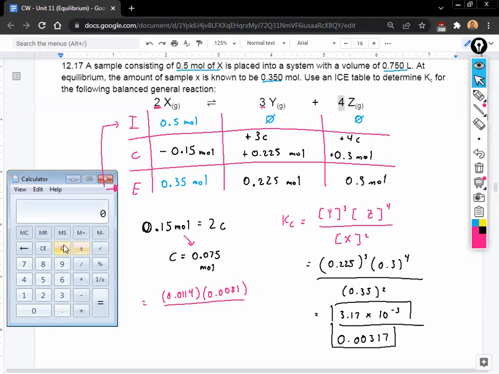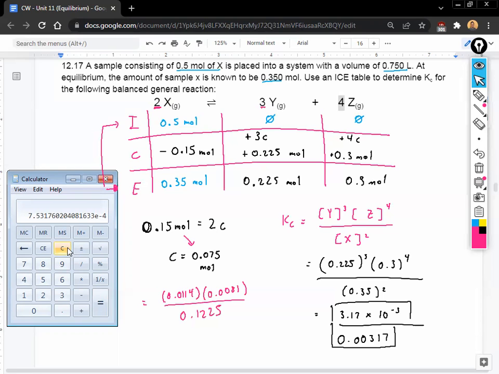And then on the bottom, we'll get 0.35 times 0.35. I don't want to round, so I'm going to do 0.25 times 0.5 times 0.5 times 0.0081 divided by 0.1225. What the heck did I get?